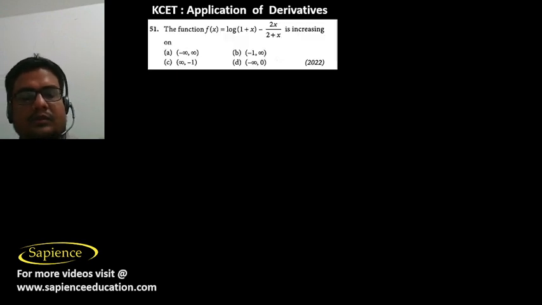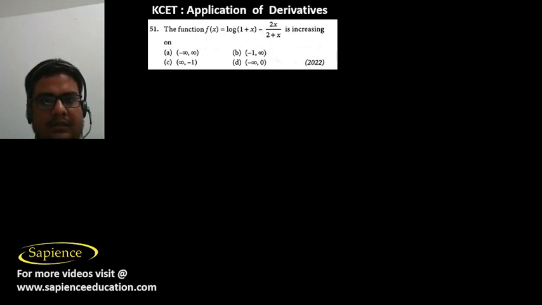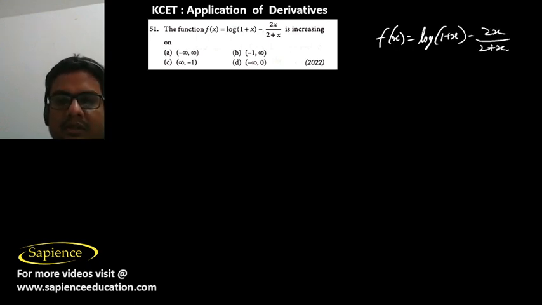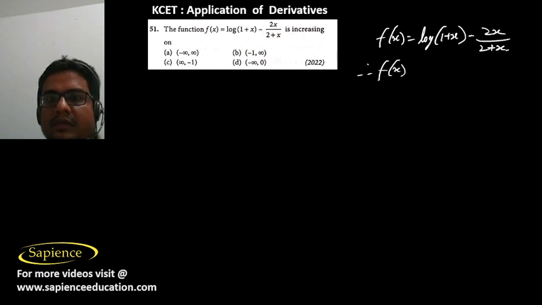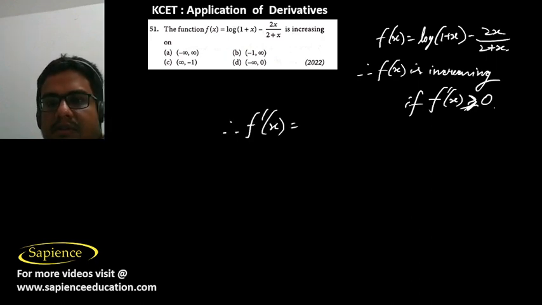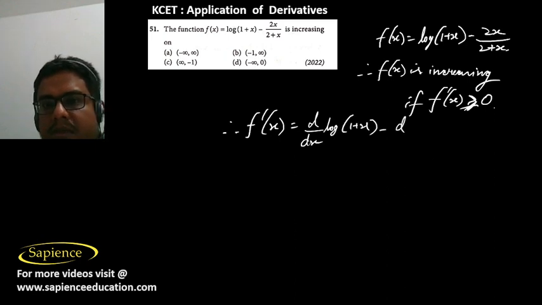So then in question number 51, it is told that the function f of x is equal to log(1 plus x) minus 2x by 2 plus x, increasing in some interval. So the f of x is increasing in some interval, f dash x greater than or equal to 0. Therefore, f dash x is equal to d by dx of log(1 plus x) minus d by dx of 2x by 2 plus x.